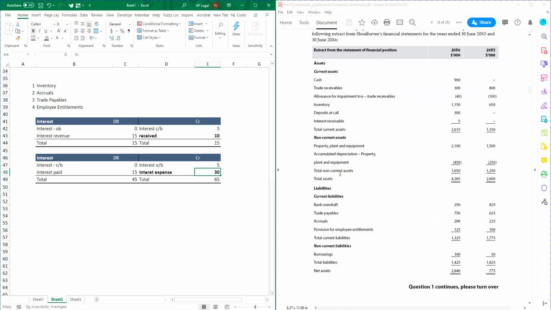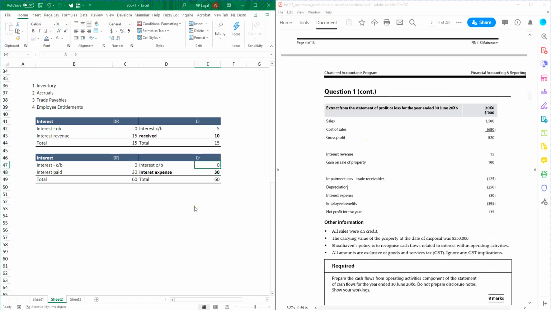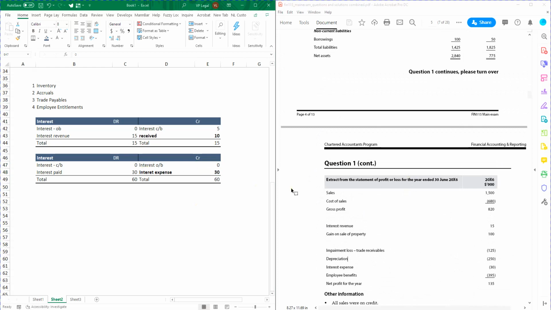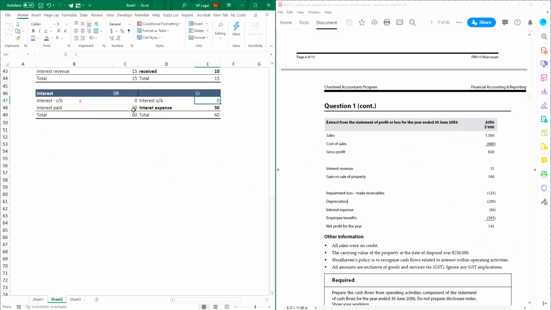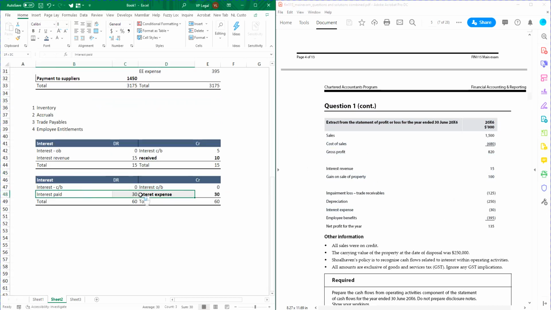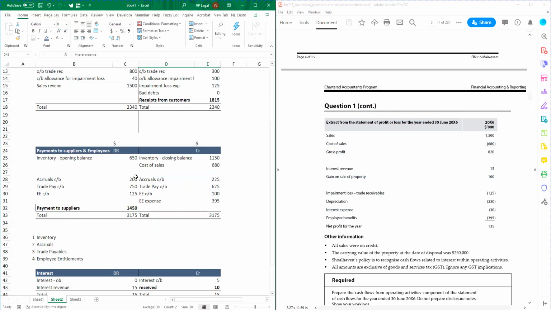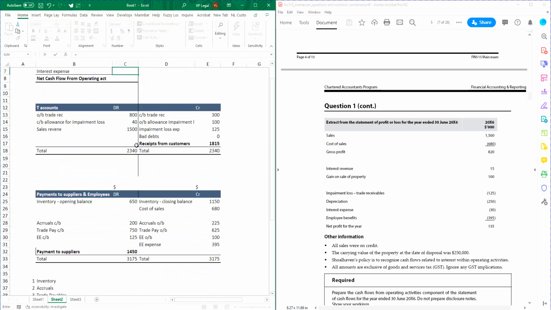Our interest payable. Okay, because there's actually no interest opening balance or closing balance, but there is an interest expense, what that means is to get to 0, but plus 30, there must have been an interest paid of 30. So there we have our cash flow amount over here, 30.